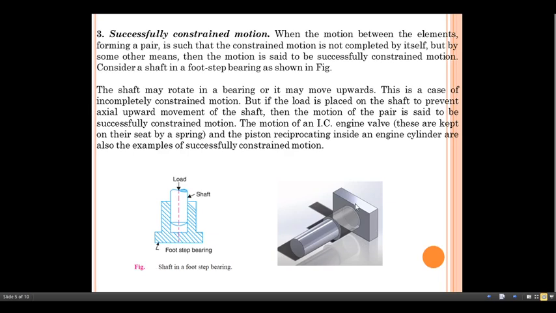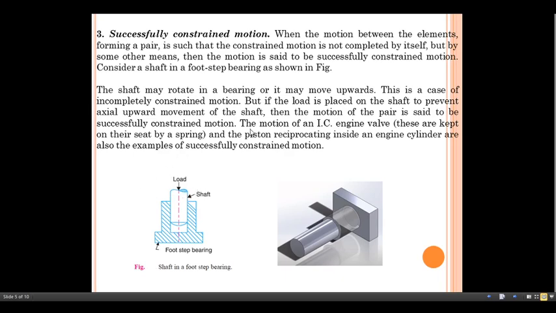Okay, same actually case in front of you. So the shaft rotates about its own axis, at the same time the shaft reciprocates inside of that circular hole. Means this is the case of incompletely constrained motion, and when I restrict the motion of this shaft by some external means, here we are applying some external load.